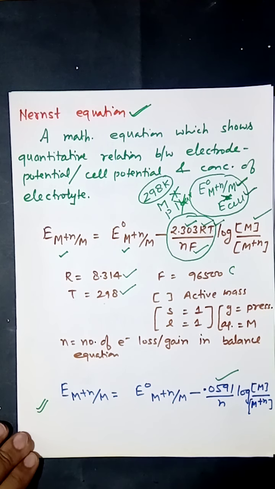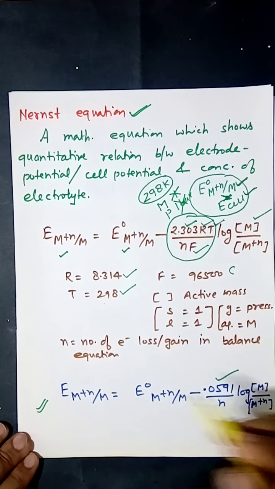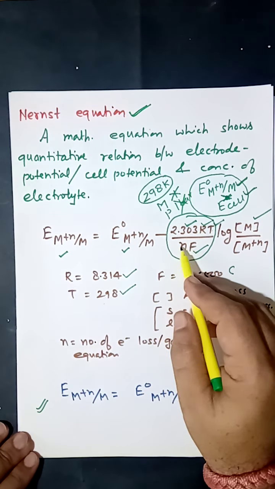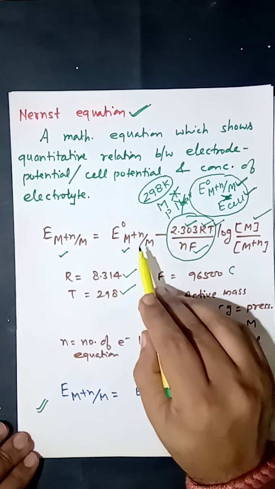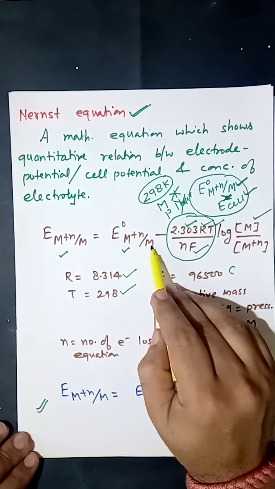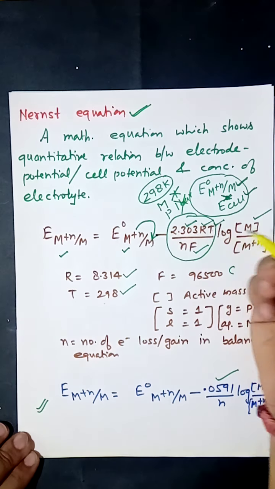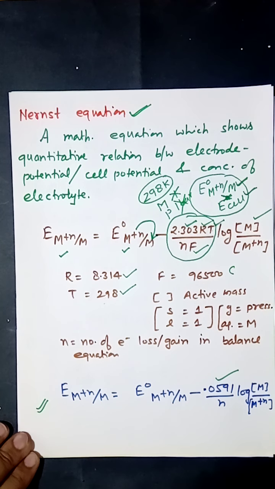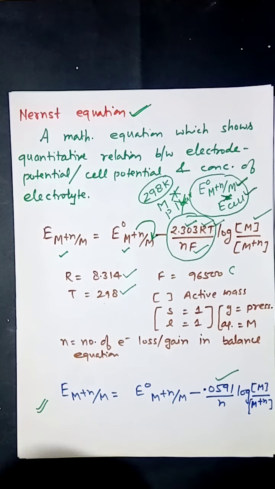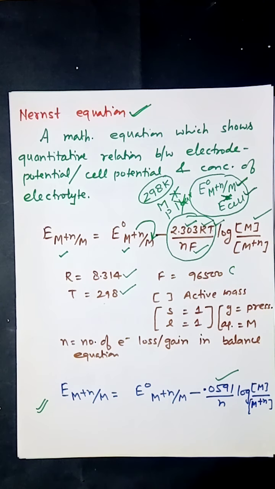Now three more points we have to discuss here. One is n. If you carefully look at the symbol, M plus n slash M, it means this is reactant and this is product. So n you can determine as the number of electrons gained, or if the reaction takes place in the reverse direction, suppose the electrode is anode, then the reaction takes place in reverse direction.